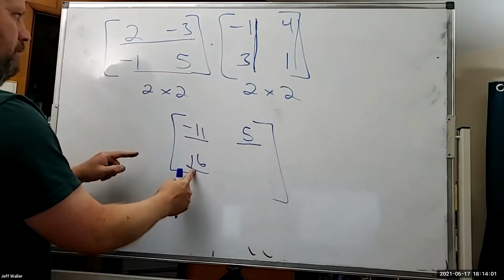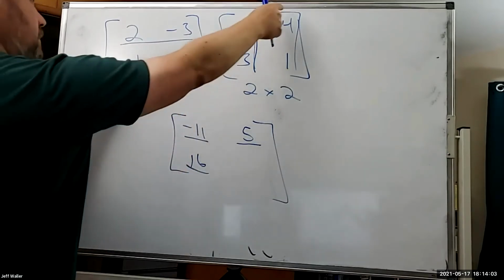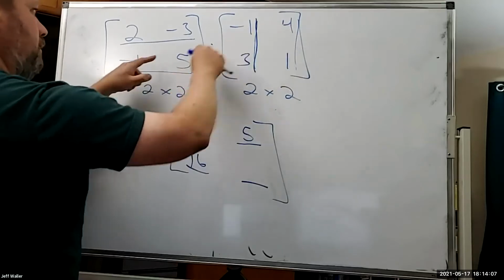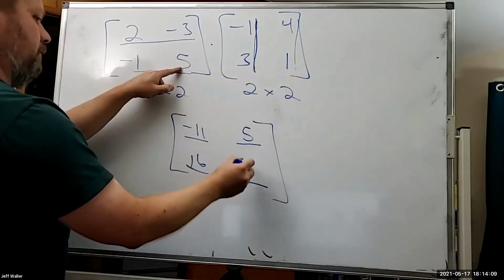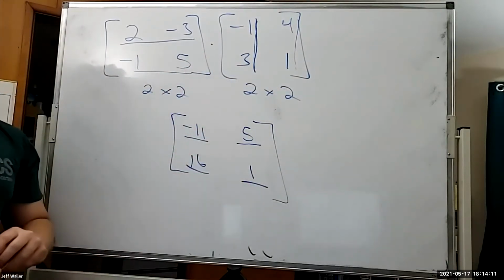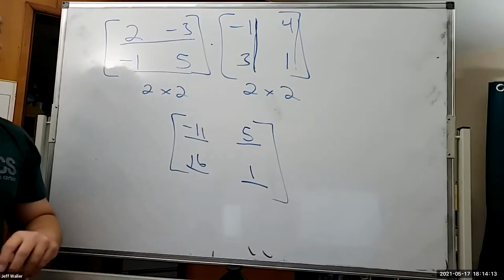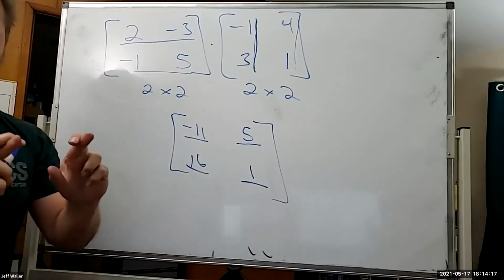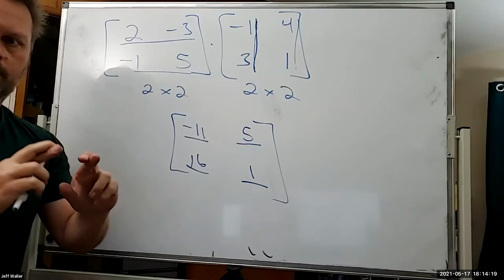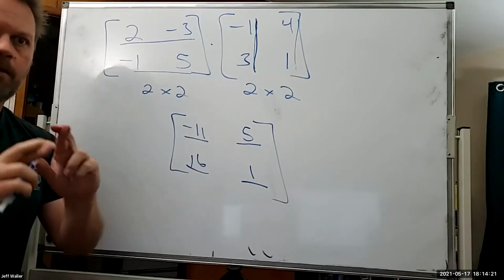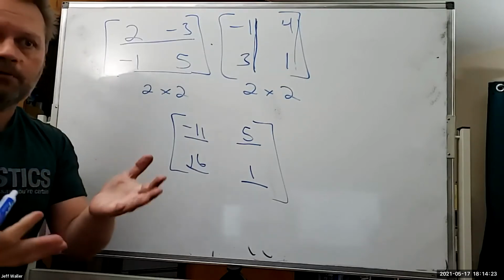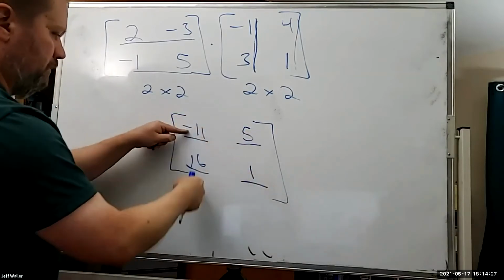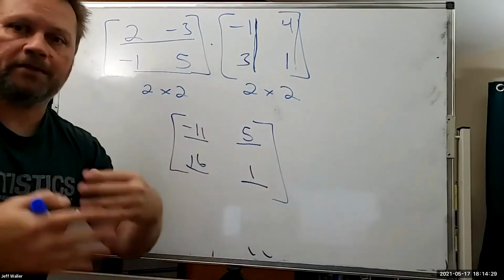Second row, second column is going to be here. -4 plus 5 is 1. And then you might realize that I can look at this as a vector, and this is a vector, and this is a vector, and this is a vector. It depends on what I want to do next.